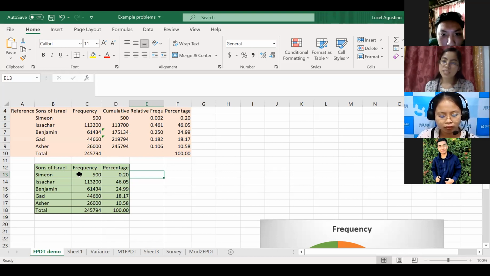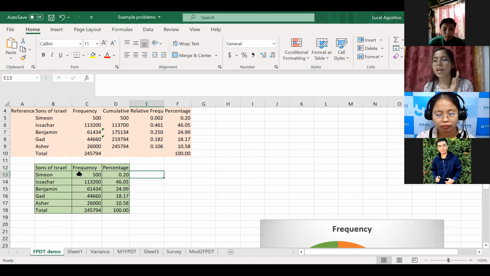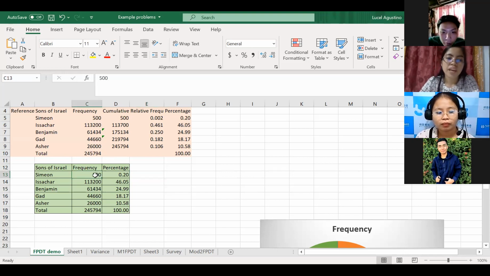And then the frequency by definition, so in your readings as well as in our video lecture, we have there the frequency is just the number kung pila ang occurrences of a certain category. Say for example, Simeon, so 500. And then percentage, so I assume nga hapos lang kayo ang percentage.